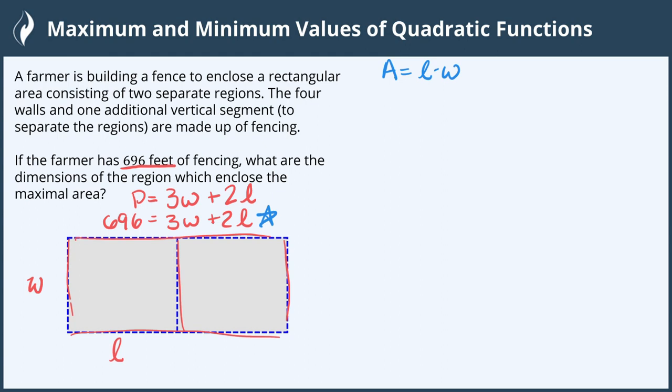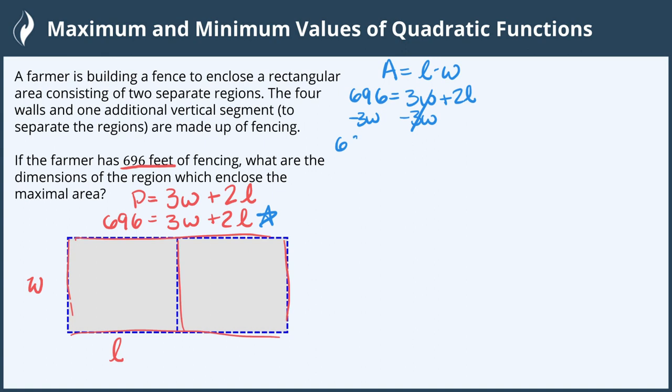We can take this and solve for one of the variables, and it doesn't matter. Any of them work. I will choose the length. So I get 696 equals 3W plus 2L, and subtract 3W so that I can solve for L on both sides.